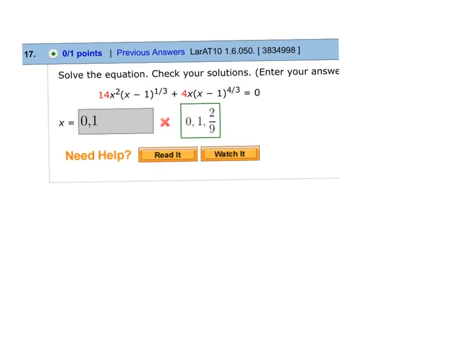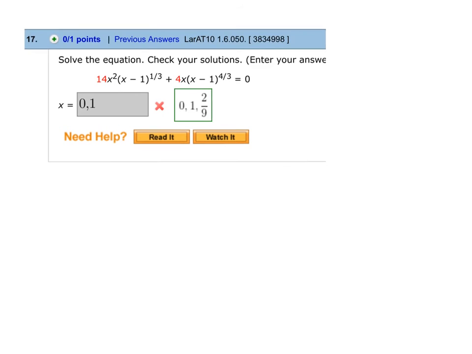Okay, here's one of the number 17s from the homework. The easiest way to do this is actually factor out the x minus 1 to the 1/3 and a 2x. Those are the greatest common factors. So 2x comes out and I get 2x times x minus 1 to the 1/3. That's the whole GCF. If I take this and divide by 2x, x minus 1 to the 1/3, I get 7x.